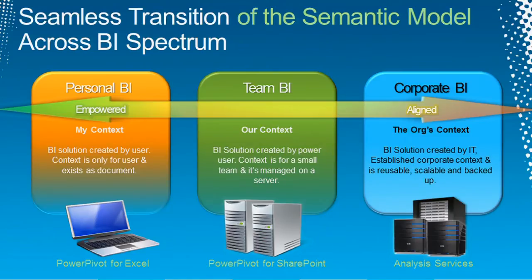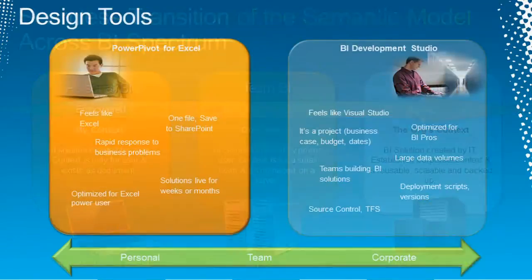We can take that model, either upload it to the server or give it to a pro that can then keep developing, enriching that model in a professional environment. So that's what we mean by one transition across the BI spectrum. We don't ask you to start from scratch whenever you outgrow a potential personal or team solution. Last slide.